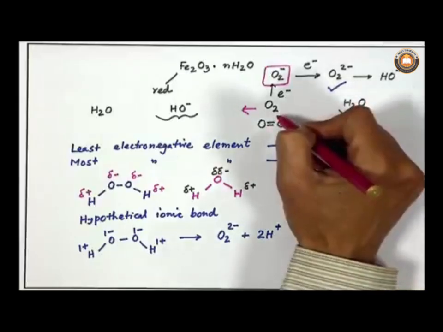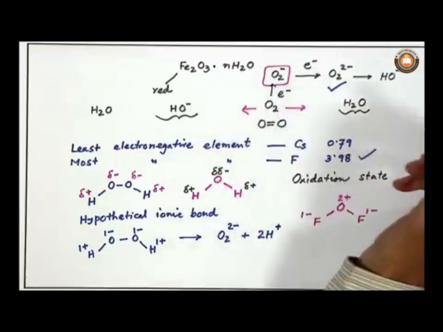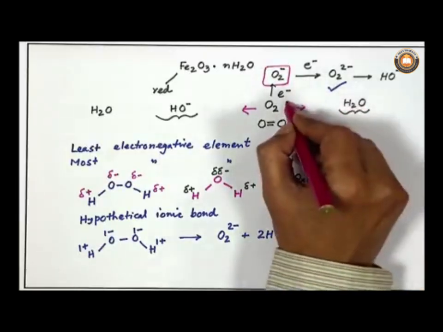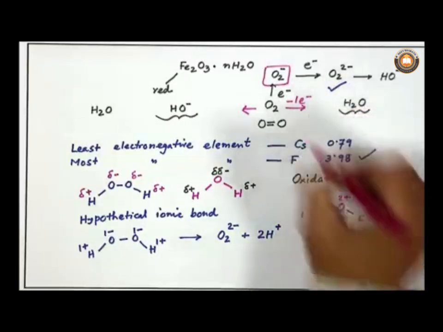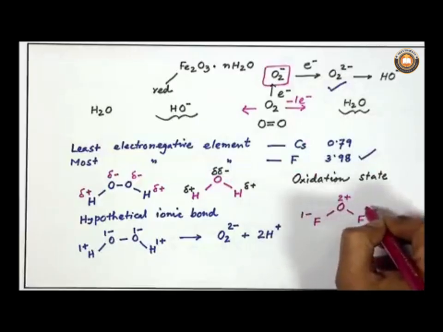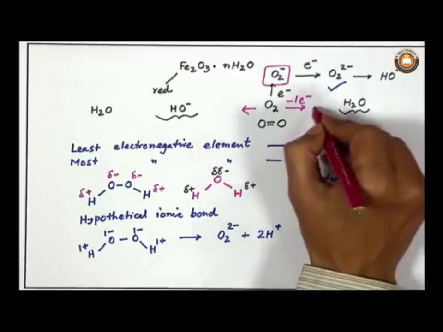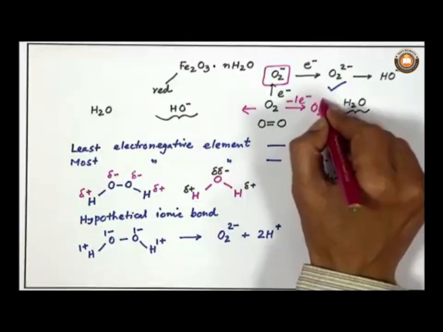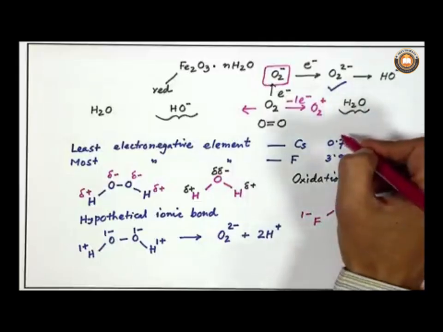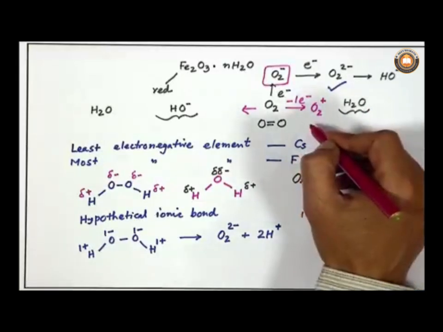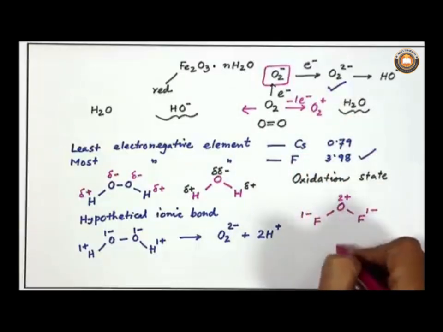But if O2 goes for some kind of electron loss from the molecular orbital, that means minus 1 electron, then like this OF2 species, it can also acquire some positive charge. So, that will be O2 plus, which is the oxygenyl ion, which can have some existence also. So, this O can therefore have different oxidation states.